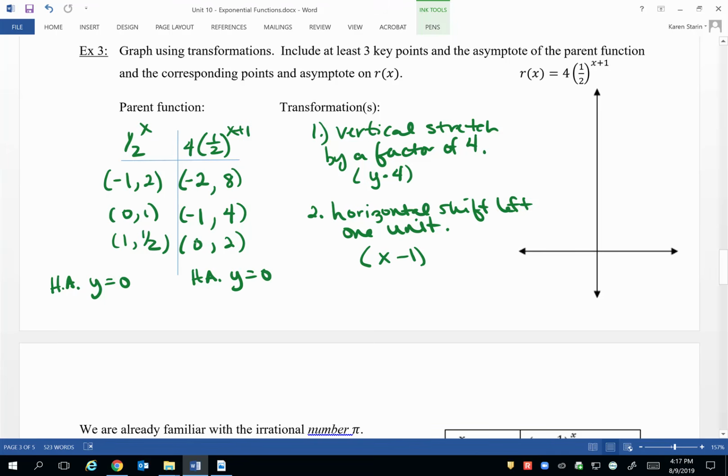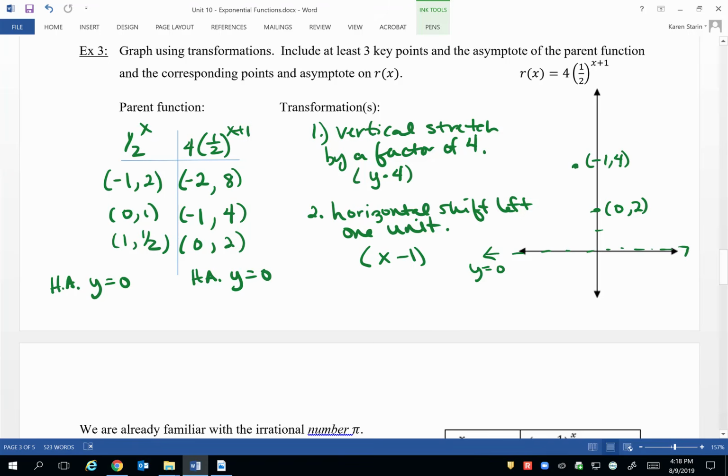So sketching r of x over here, first let's document our horizontal asymptote of y equals 0. And then we have stretched in the vertical direction, so our y-intercept is now 0, 2. And we have -1, 4, maybe that's about there.